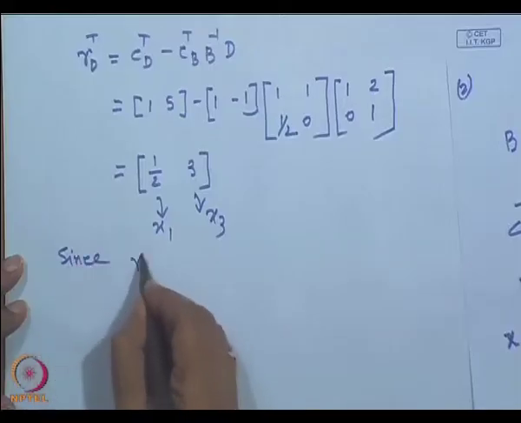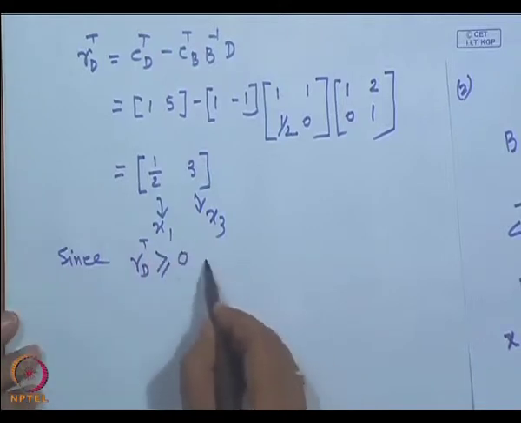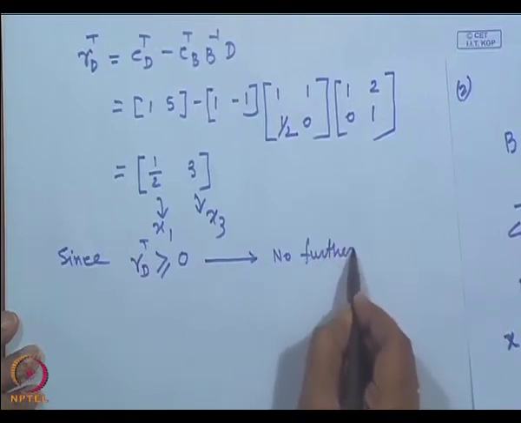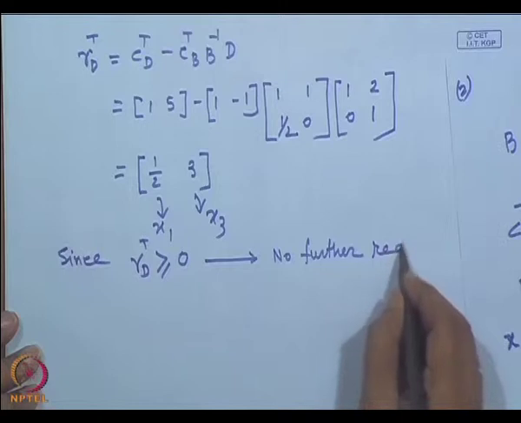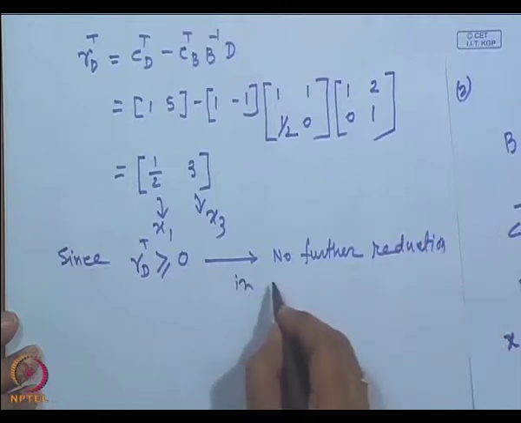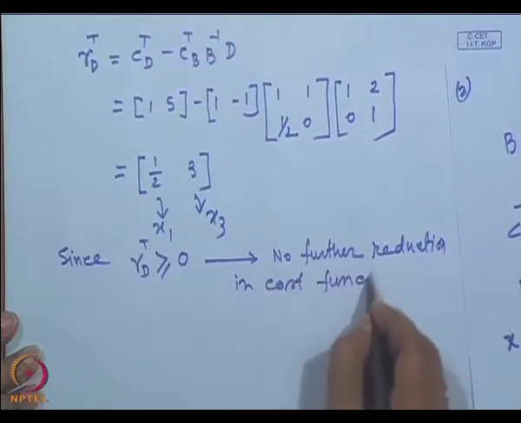That means, since R D transpose is greater than or equal to 0, this indicates no further reduction in cost function is possible.